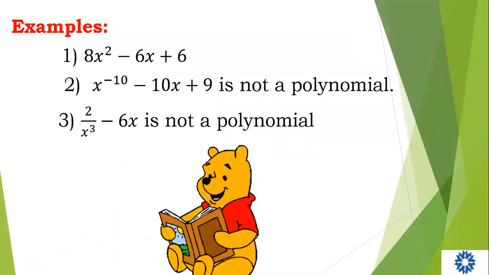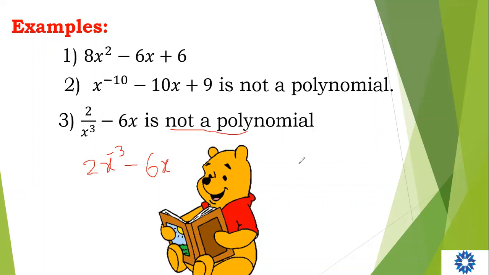Third one, 2 by x cube minus 6x. If you take the denominator x cube and write it as a numerator, the power becomes negative. So minus 6x, however, the power is negative. That's why it's not a polynomial.